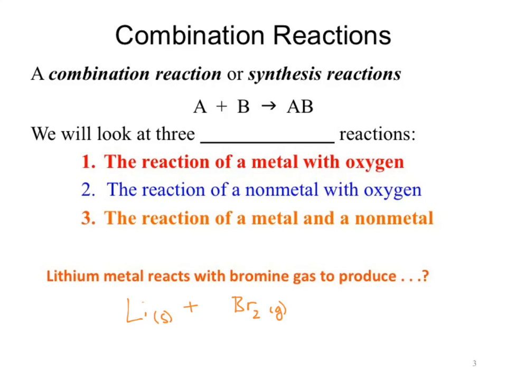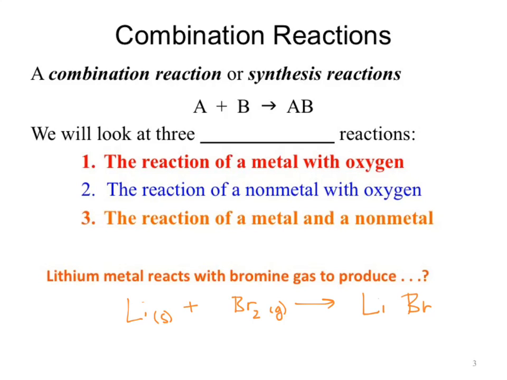Bromine is one of those diatomic elements. Must include that too. To produce, we're looking at a metal and a non-metal. So lithium and bromine, the charge on lithium is a +1. Bromine is a -1. Charges balance. That's good to go. We got lithium bromide.